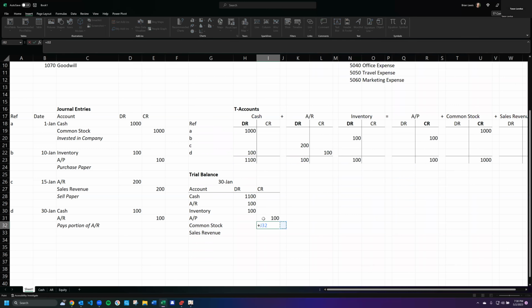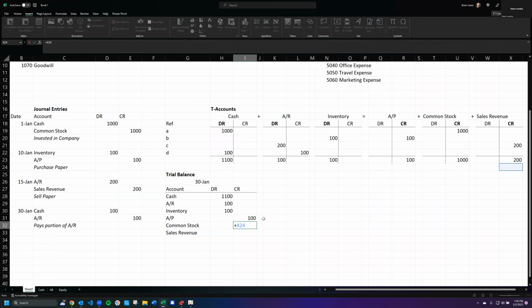Common stock is going to come from the common stock number, and sales revenue is going to come from the sales revenue T account. Okay. Now, if we total these, they should equal. Hence, it's called a trial balance. They equal.